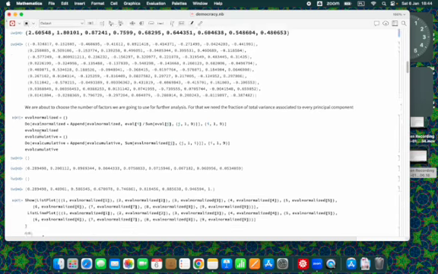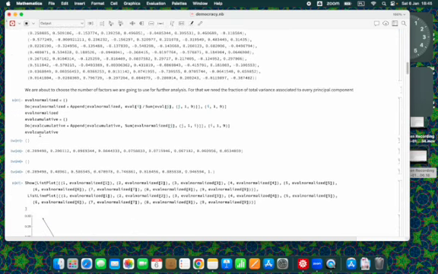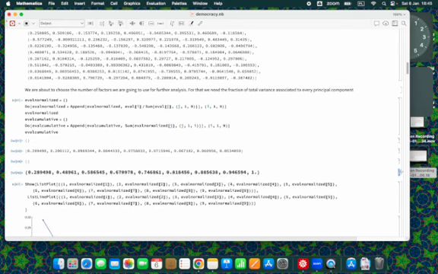For example, we may want to explain roughly 80% of the total variance in this model using our factors. For that we calculate the cumulative percentage of variance explained by factors.